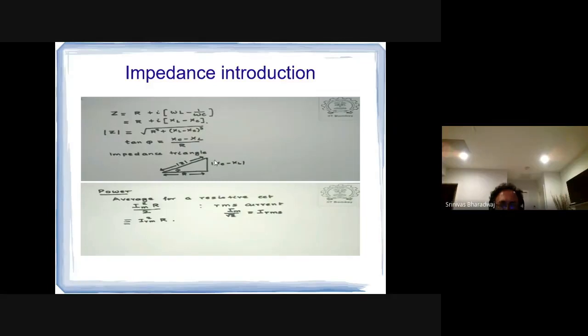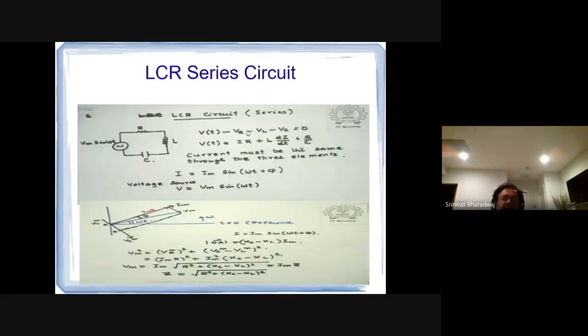So for this circuit which has L, C, and R in series, we just write this as the impedance. V by Z will give you I. And the same with power: I squared R will give you I RMS squared R. So here's an LCR circuit. It is actually a differential equation.